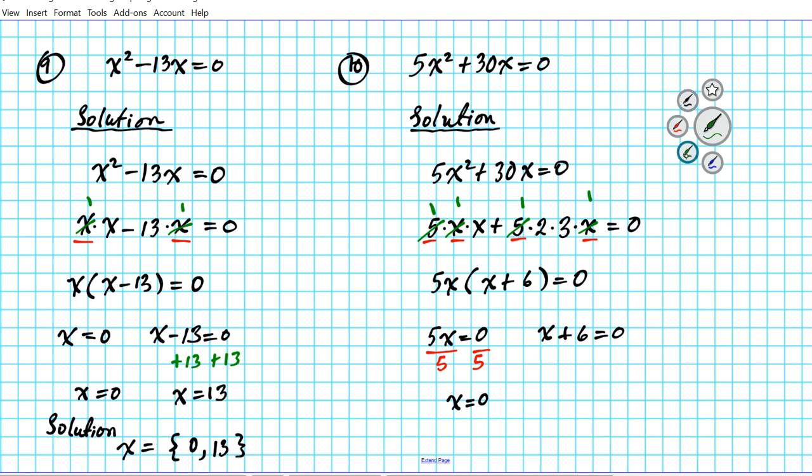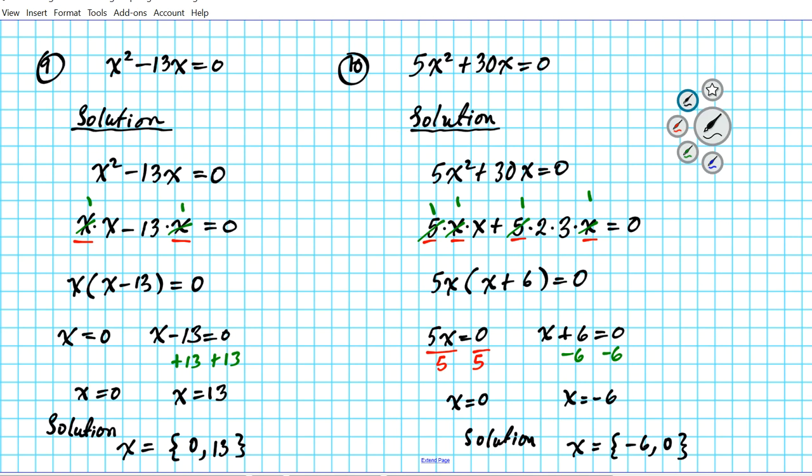For the second one, you subtract 6 from both sides, and you end up with x equals -6. So our solutions are x equals -6 and x equals 0. Okay, so that's it.